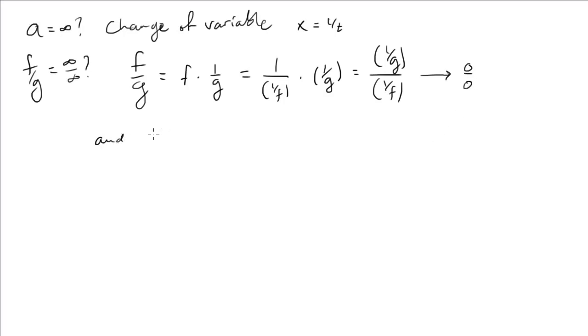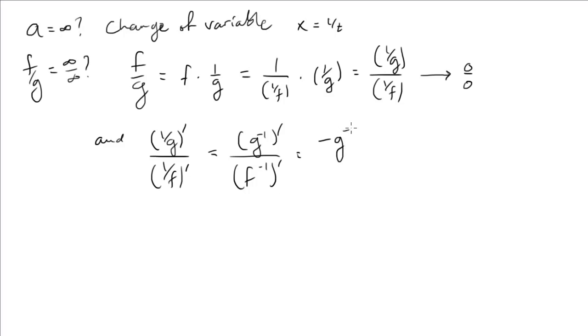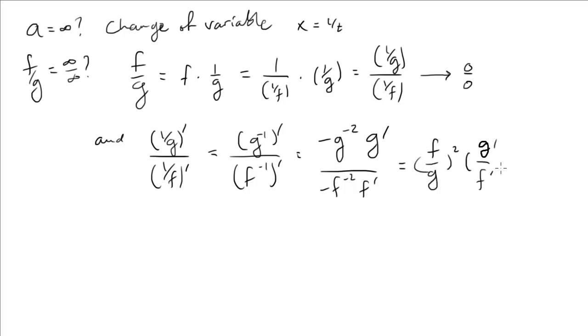So doing the mean value theorem, doing the L'Hopital's rule for the 0 over 0 case, little chain rule, clean up the algebra, so my L'Hopital's rule on f over g gave me f over g squared times g prime over f prime, which is 1 over f prime over g prime.